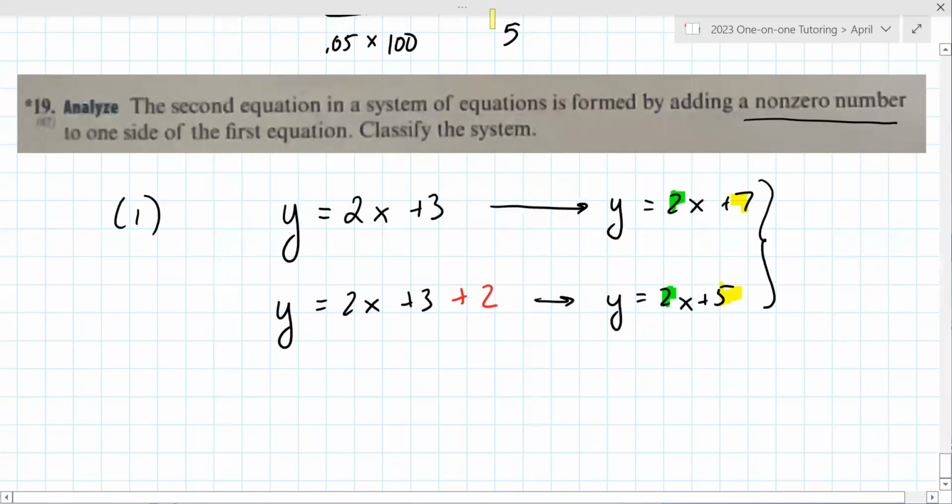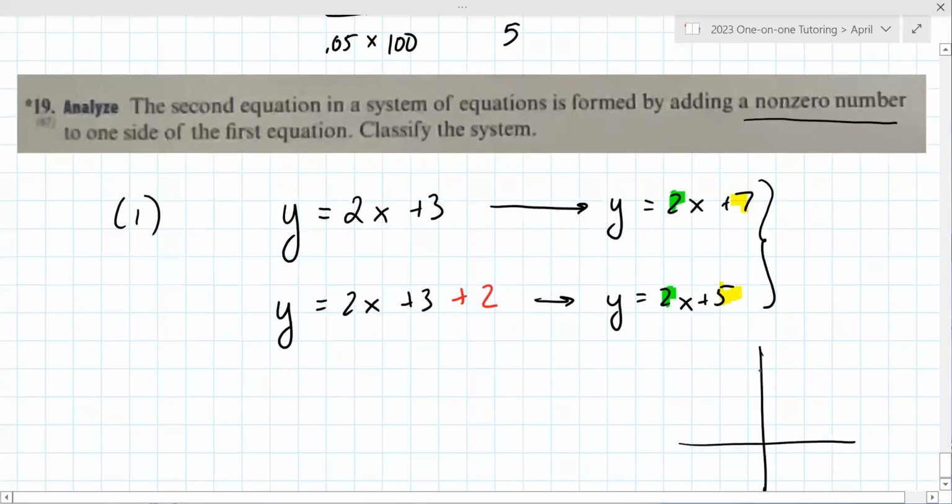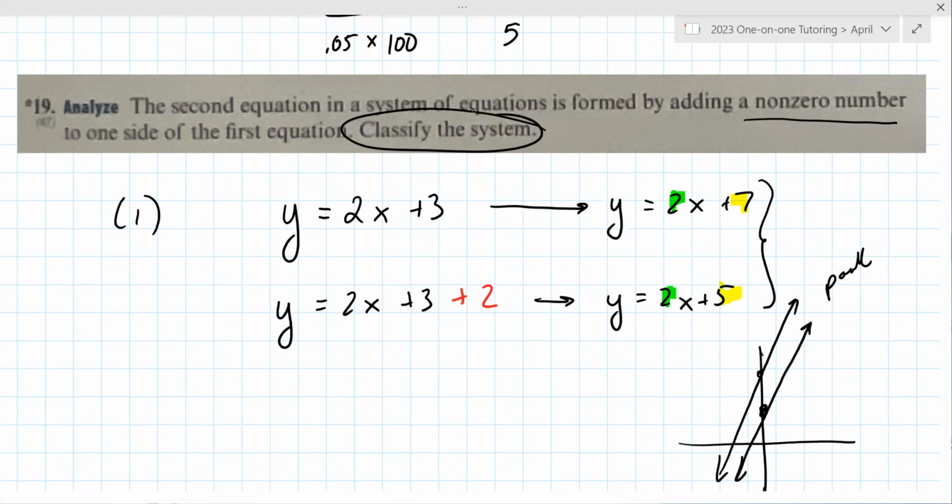2x plus 5, yeah. So the graph of the first one is, all right, there's 3, slope of 2, something like that. The second one is 5, slope of 2, something like that. Parallel. So these do not intersect. I'm not sure what they mean by classify the system. They might be looking for words like consistent or inconsistent. Yeah, that's what they mean.